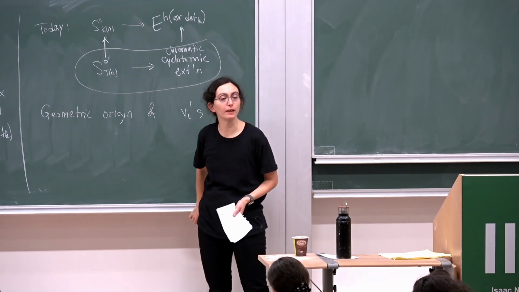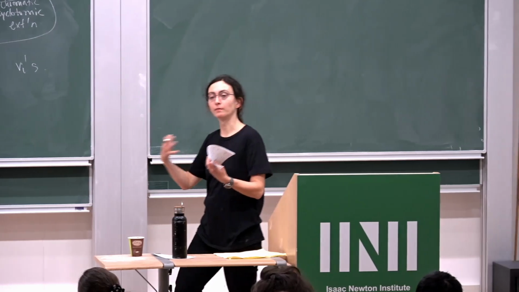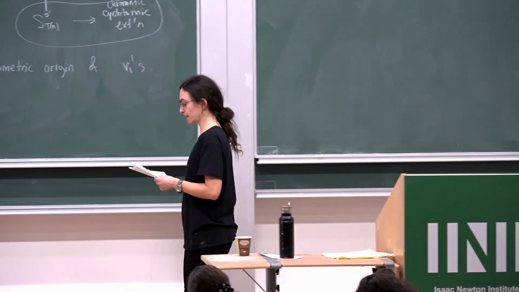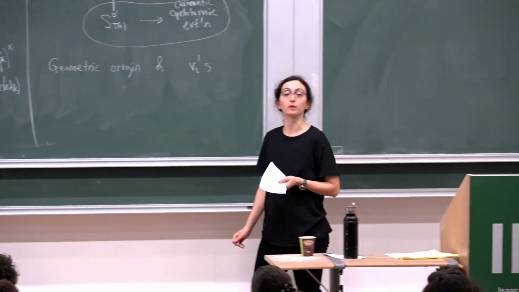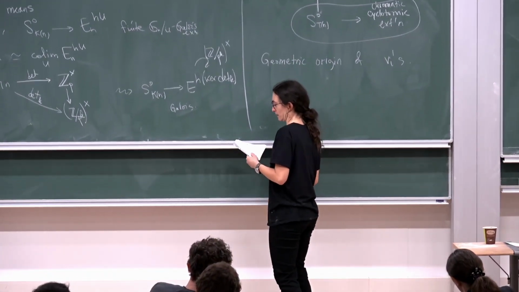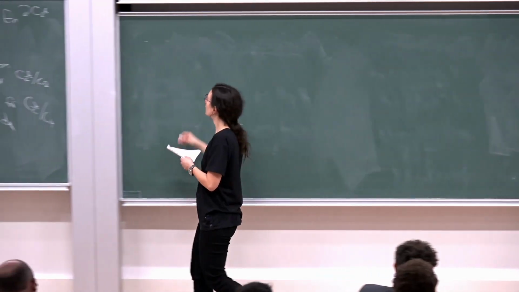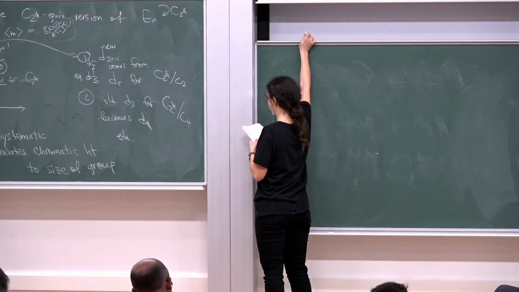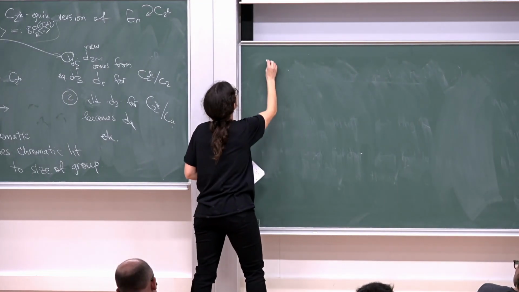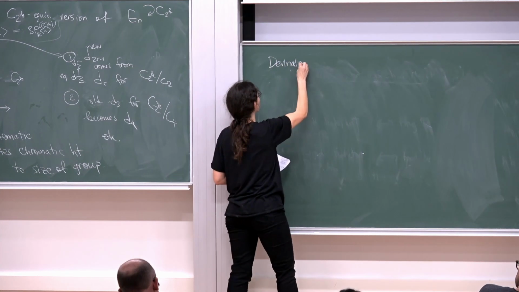I was only talking about the algebraic provenance of these elements. This is something that comes from formal groups. So I'll start. I guess then that's Hopkins and Smith.